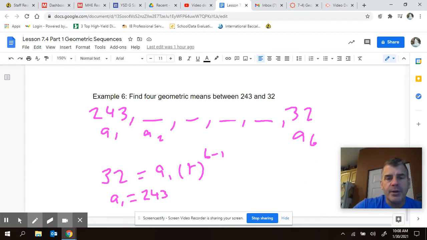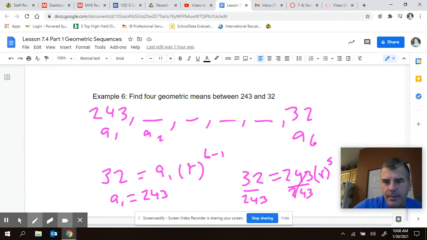Since I know the first term is 243, I can rewrite this equation as 32 is equal to 243 times R to the 5th power. So I'm going to solve for R. Divide both sides by 243.